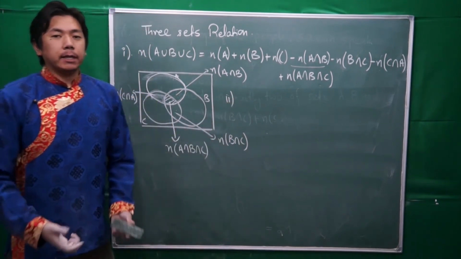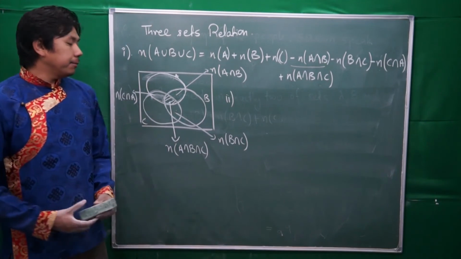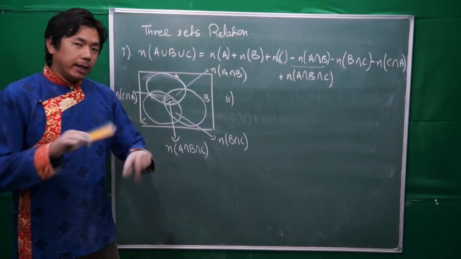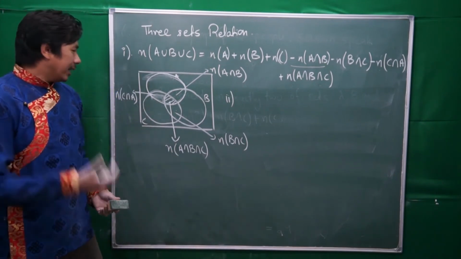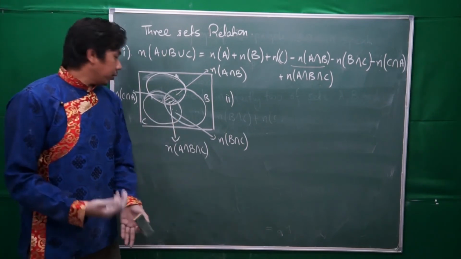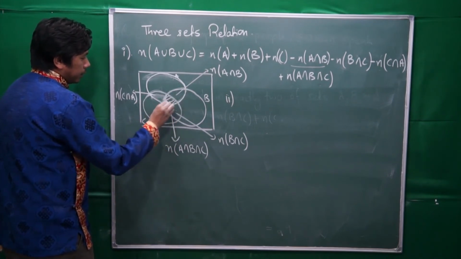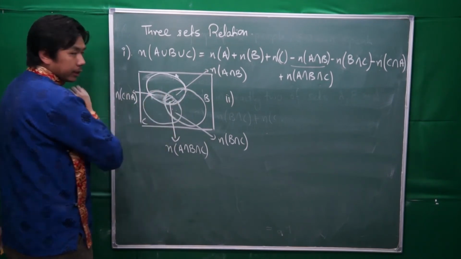Now, for the second relation, if you need to find the number of elements that are present in the intersection part, that is, present in exactly two sets. When I talk about two sets, it is generally the intersection part, this whole part. Clear? Okay.